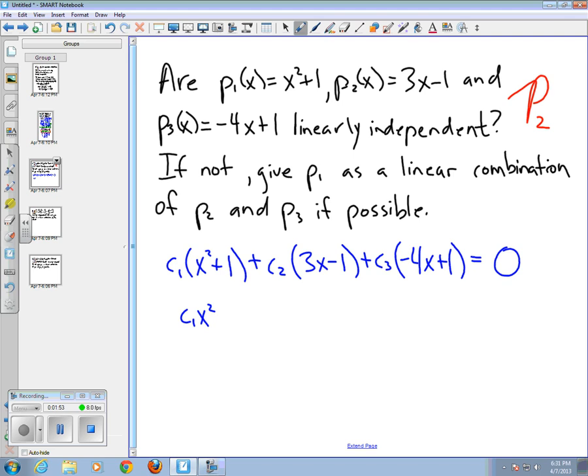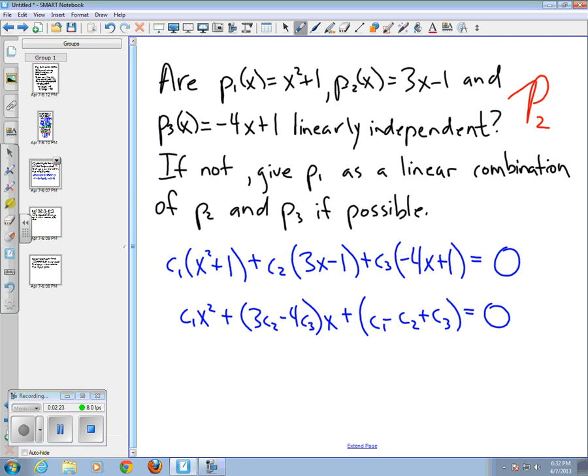And then if we look for the x terms, we have 3c2 times x, and we have negative 4c3 times x. And then when we look at the constant term, we have c1 minus c2 plus c3.